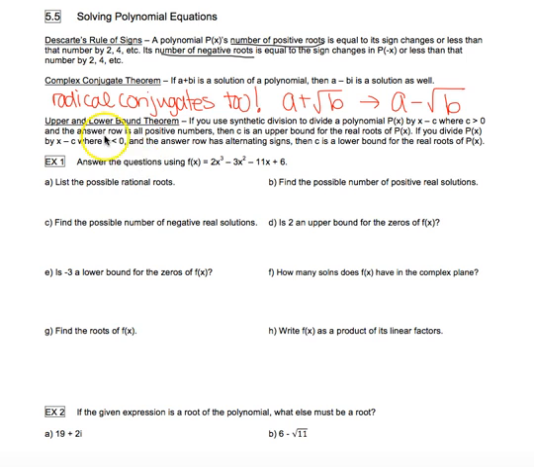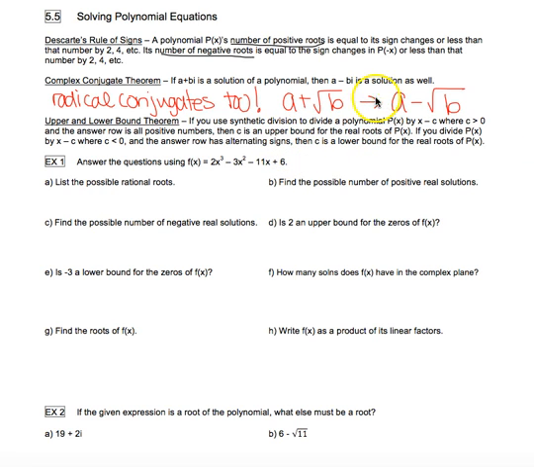The upper and lower bound theorem helps us zero in on where our real roots stop, as far as there aren't any below this number or there aren't any above this number. And we use synthetic division to do that.